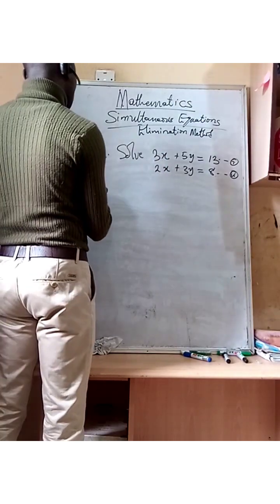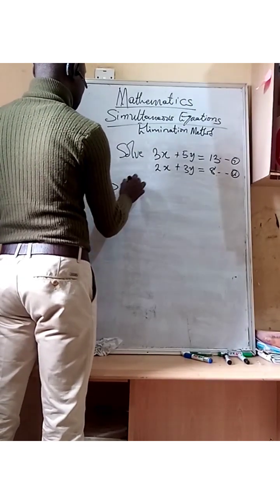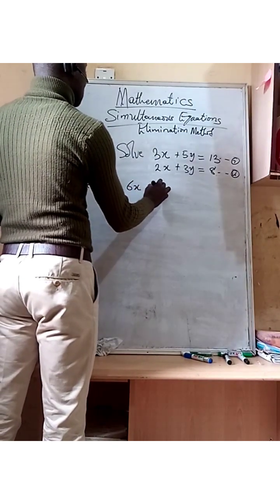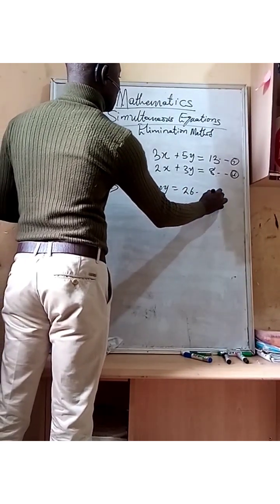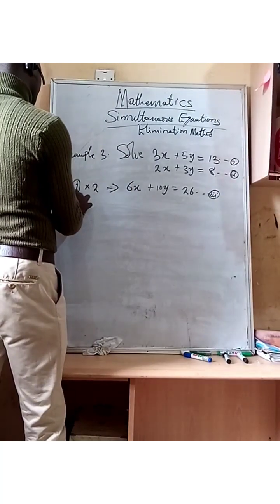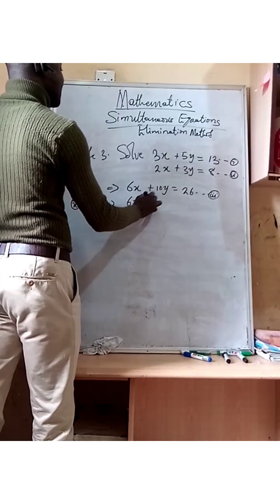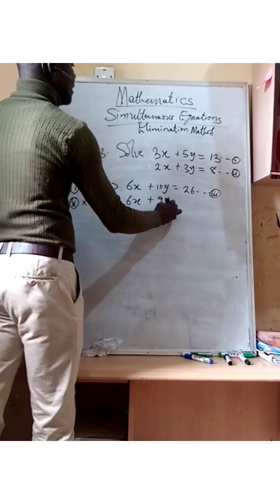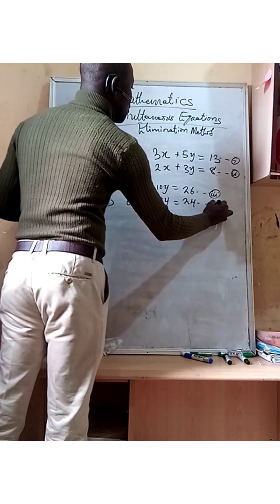We now say equation 1 times 2, and that will give us 6x plus 10y being equal to 26. That is equation 3 now. Then equation 2 times 3 will give us 6x plus 9y being equal to 24, equation 4.